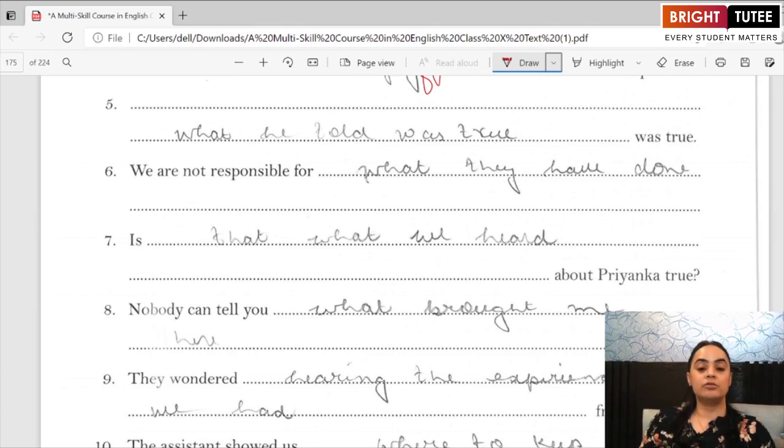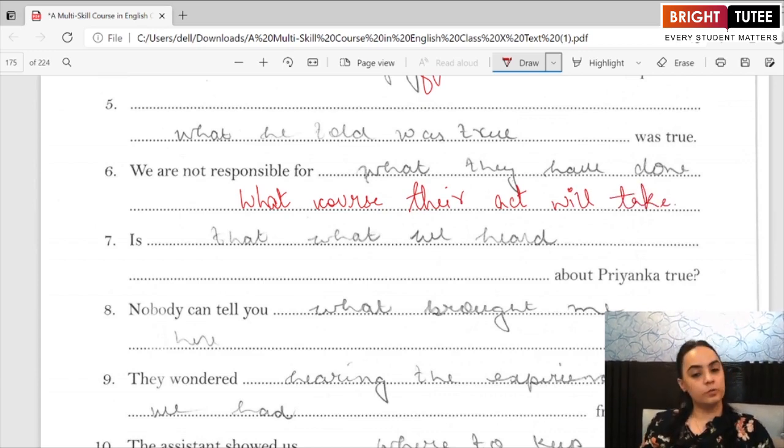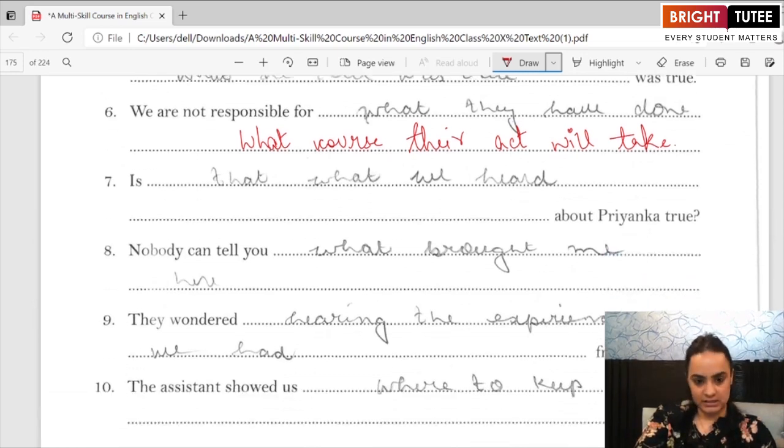We all are not responsible for what course their act will take, and so on and so forth. So there are multiple ways in which you can complete your sentences.